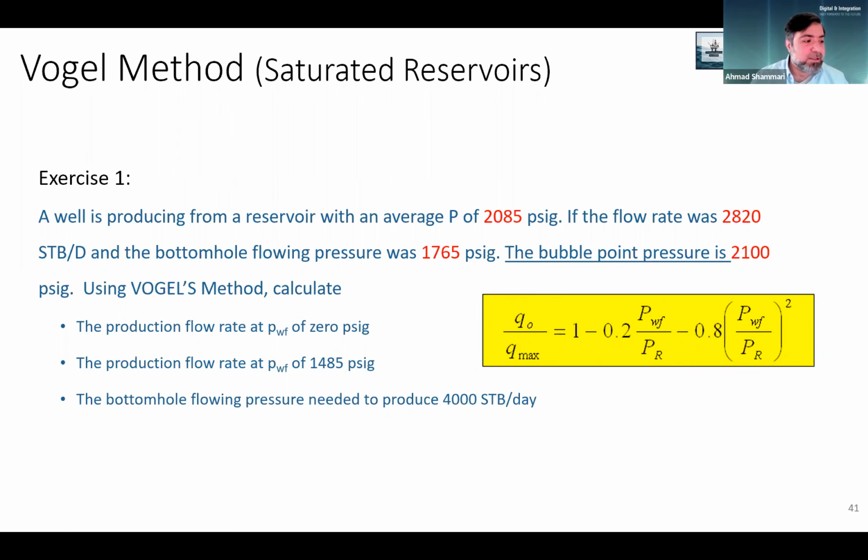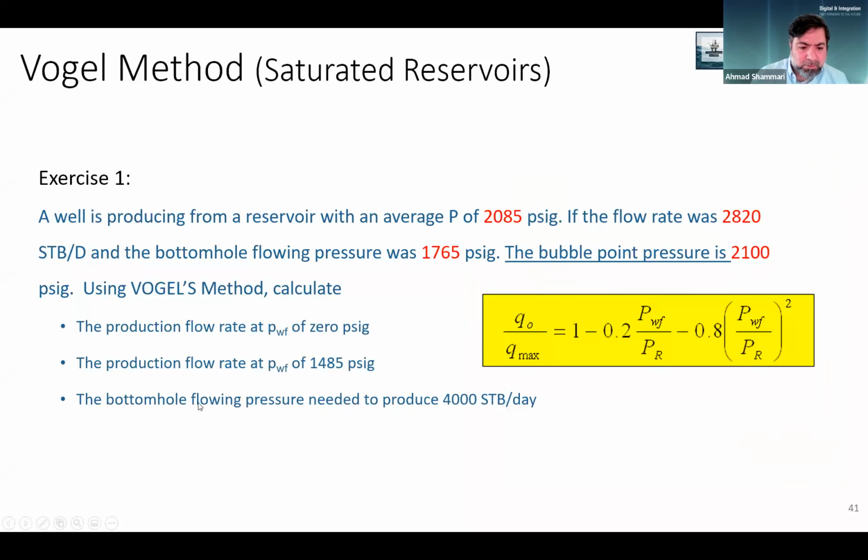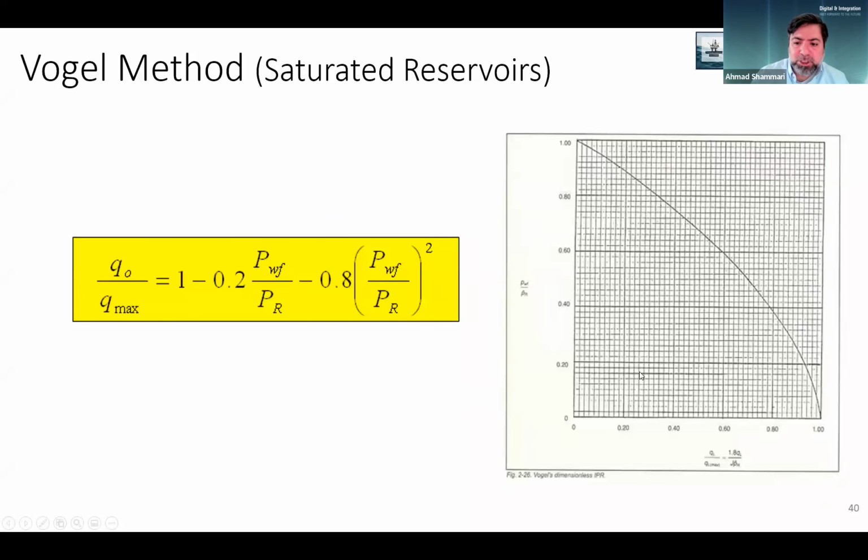Using Vogel charts. Yes, that's also possible, but this is exactly what we're saying here, right? Because you see, using Vogel chart, you can also do that by simply finding this term here. You divide QO by Qmax. Well, we need to calculate the flow bottom pressure. So I divide 4,000 by Qmax.